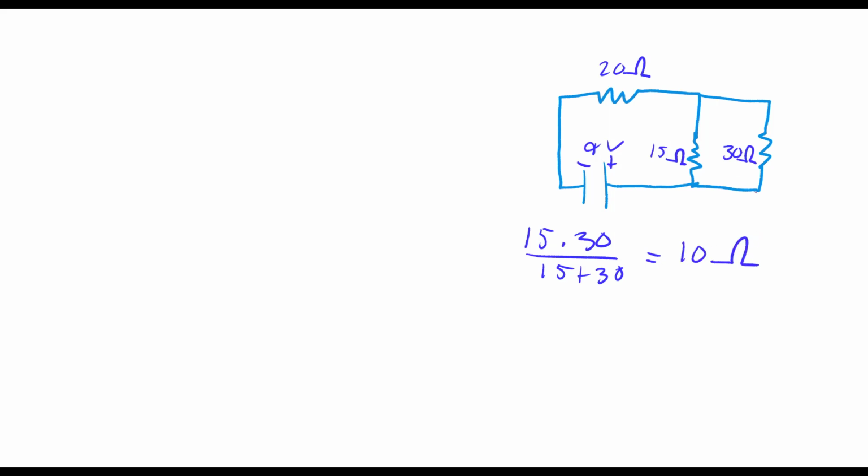And let's write out the equivalent structure. We now have the battery, and this is now condensed. So now this is going to be 20 ohms, and this is now 10 ohms.